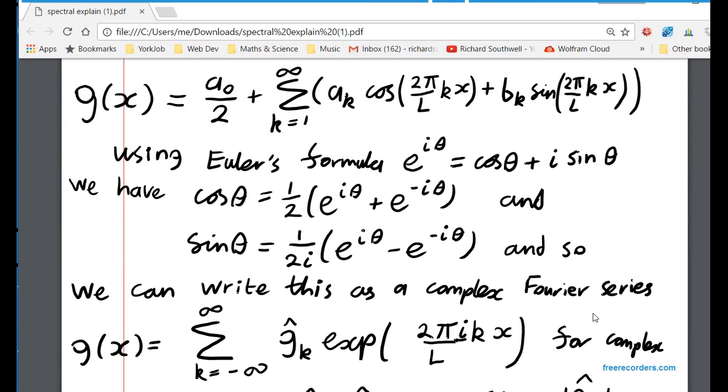then you can see, if you sit down at it for a bit, that we can basically write g is equal to the sum of complex exponentials weighted by some factor g hat k.